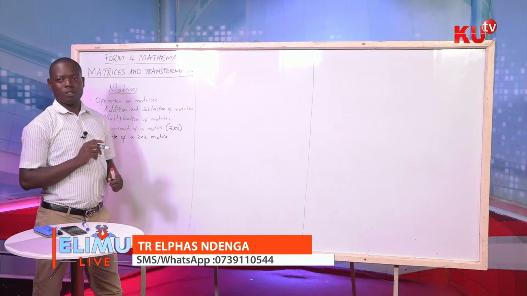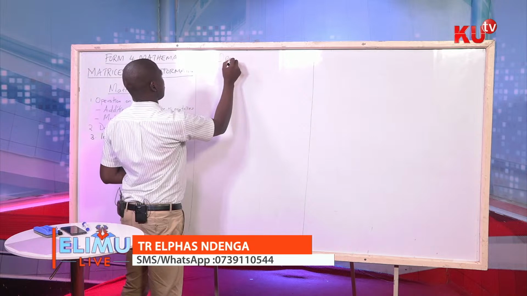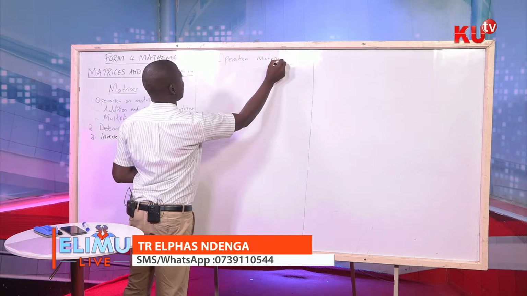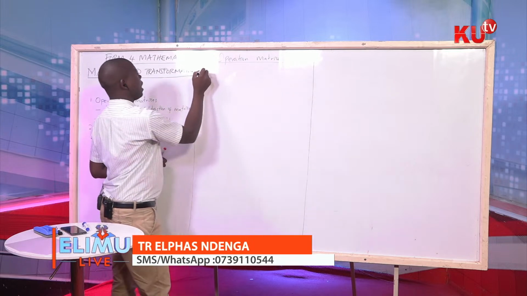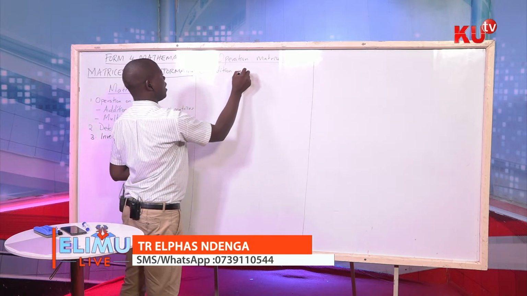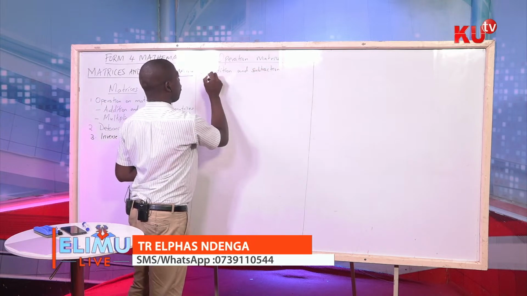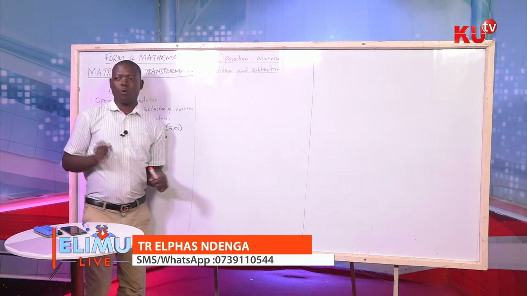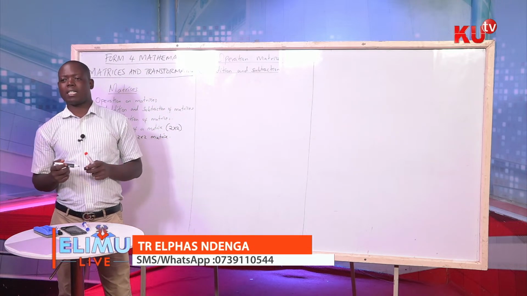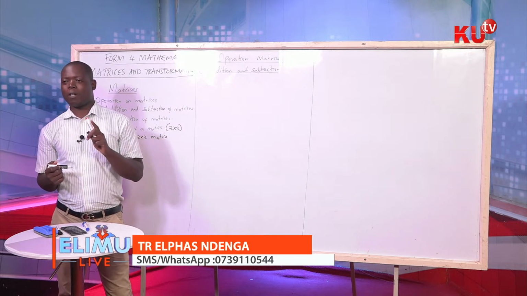One is to note that when you're carrying out operations on matrices, and specifically when we are discussing addition and subtraction of matrices, we insist that students, you cannot add any two matrices without considering their order. What does that mean?